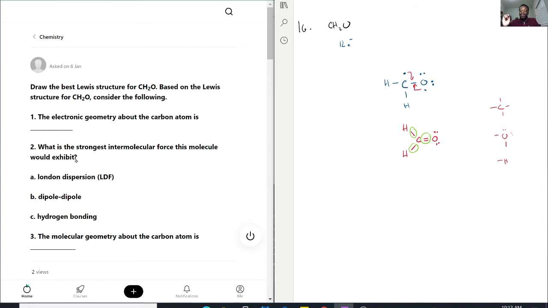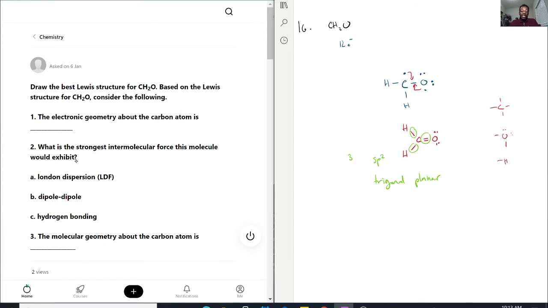Because of that, the reason why we did this is now it has 3 bonding pairs. And so the shape, based on this having just 3, its hybridization is sp2, okay? And the shape is trigonal planar. Alright? So that will be the electronic geometry.